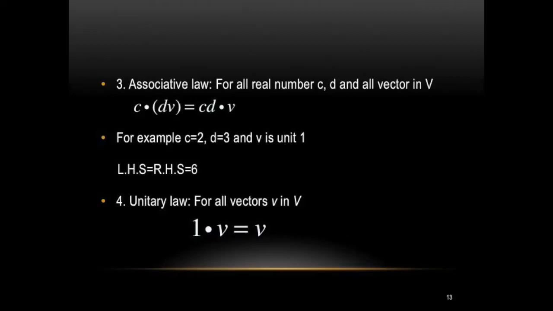The left hand side of the equation equals the right hand side, which is 6. And the last law of scalar multiplication is the unitary law. For all vectors V in vector space V, 1 dot V equals V.